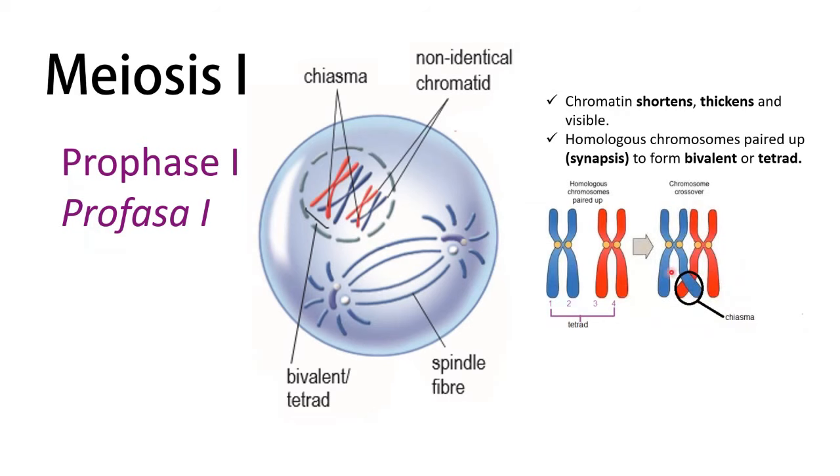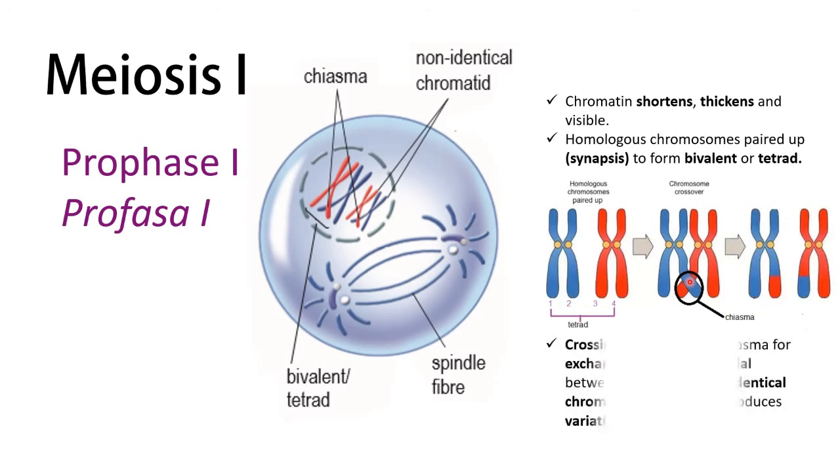So when they pair up and get close to each other until some parts of the chromatids overlap on each other, this point of overlapping is called chiasma. Okay, what is happening at the chiasma? That is crossing over.